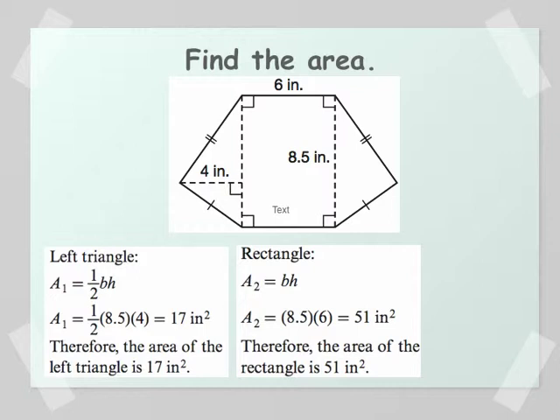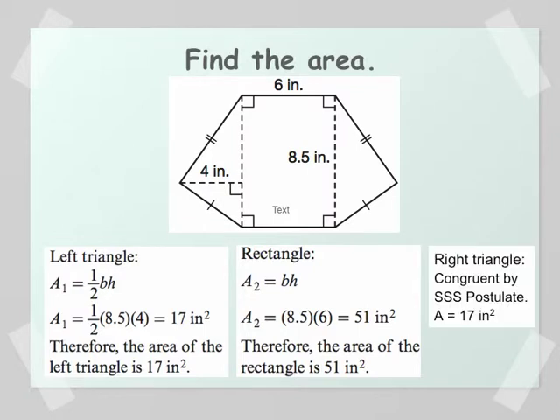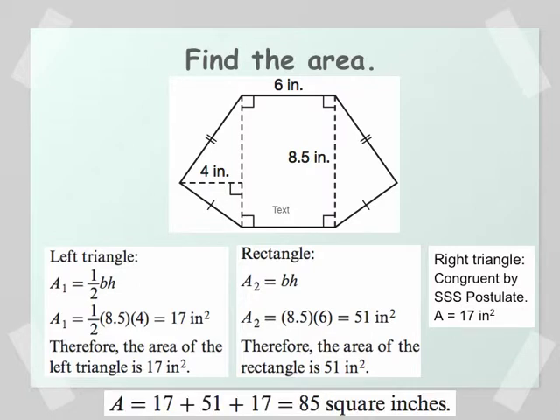Now the triangle on the right has three sides that are congruent to the triangle on the left. Therefore, we're going to understand that they are congruent and their areas will be the same. Now we're going to add these three parts together, and we get 85 square inches as the area of that irregular hexagon.